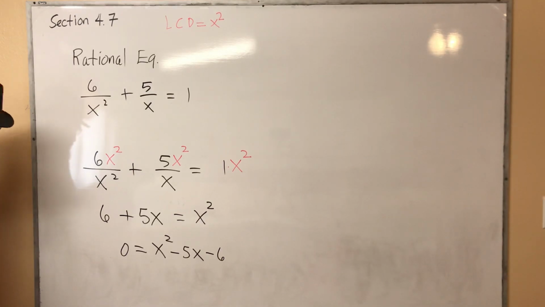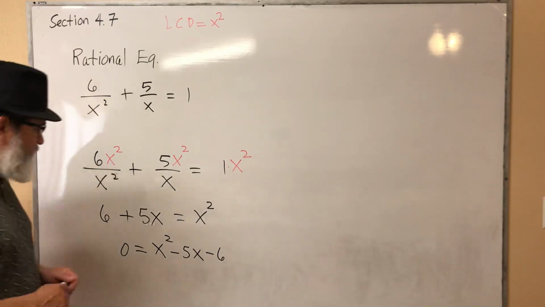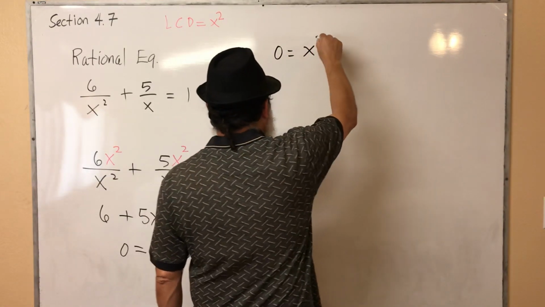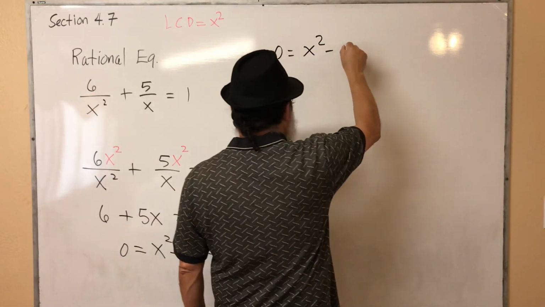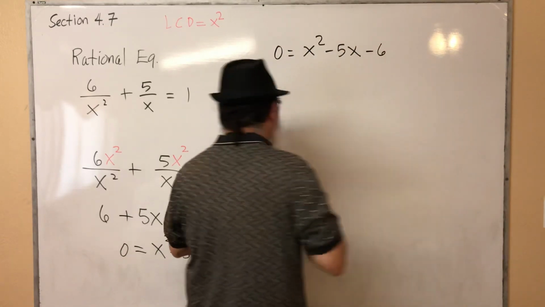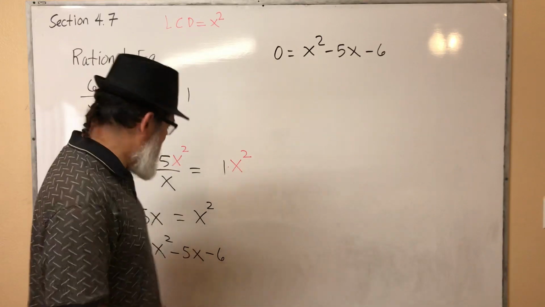That's your quadratic equation. To solve, we have to factor. So 0 equals x squared minus 5x minus 6 equals 0. And I'm going to factor this. Okay, it's the same thing as that.